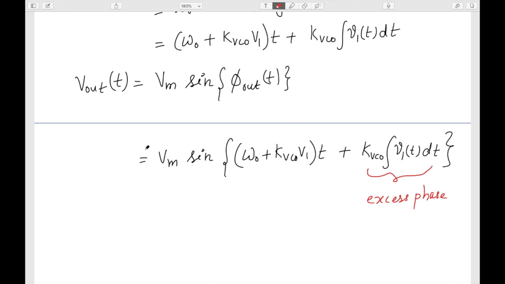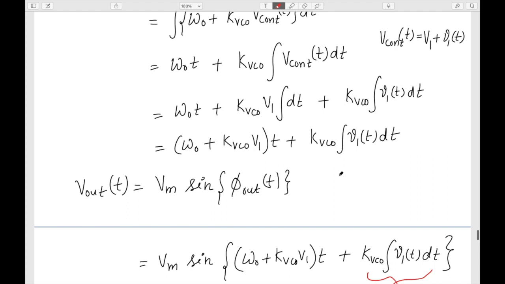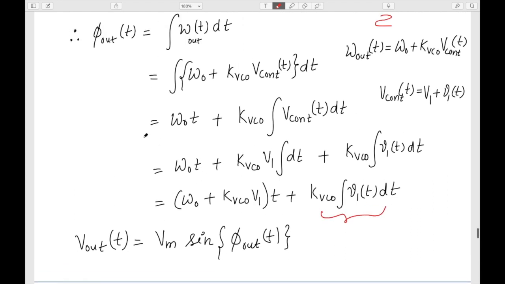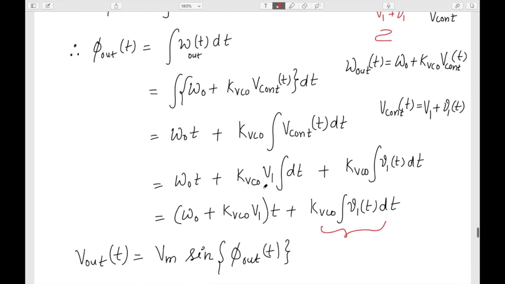This is my phase in the steady state condition, but if there is some change in the transient behavior, this is the excess phase.